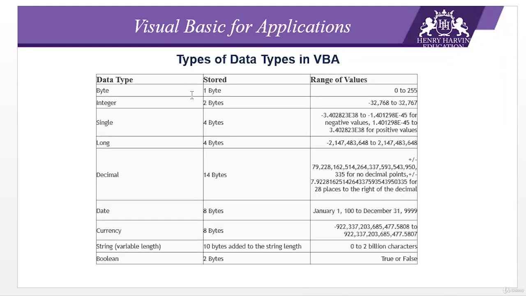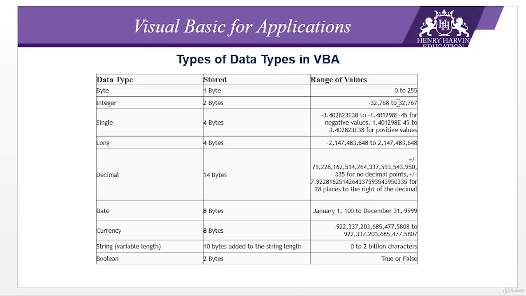Now let me walk you through the types of data types in VBA. We have byte, which can store 0 to 255. Integer holds only up to 32,767. If I talk about the integer value, suppose dim x as integer, and if your x holds a value more than 32,767, then the code will not work.